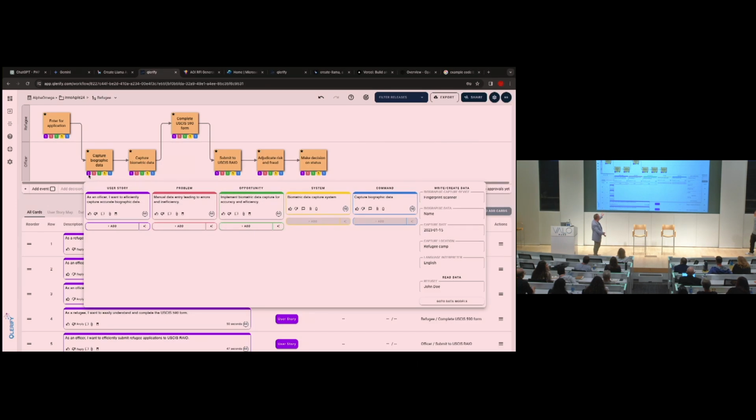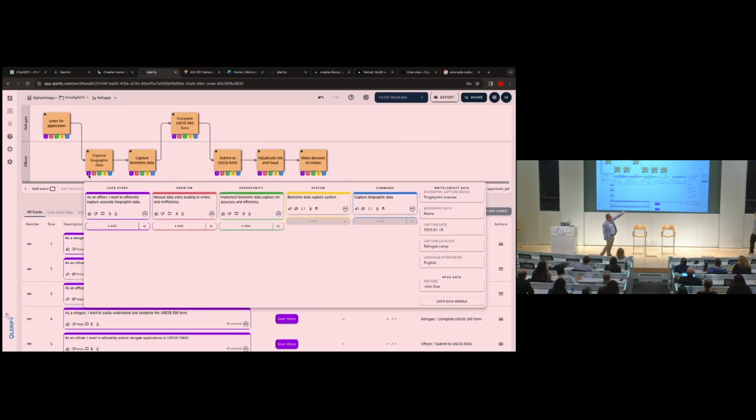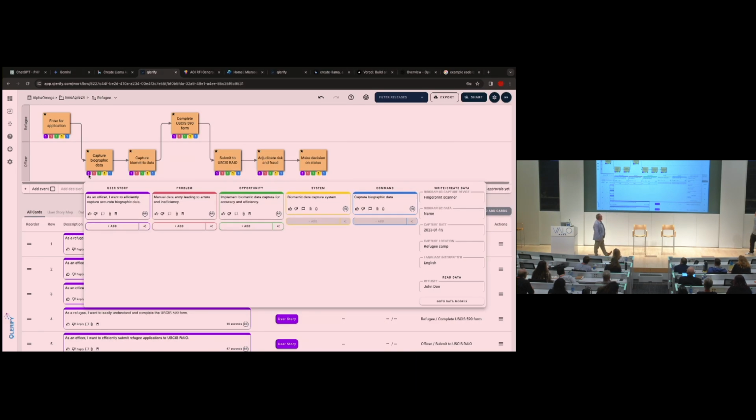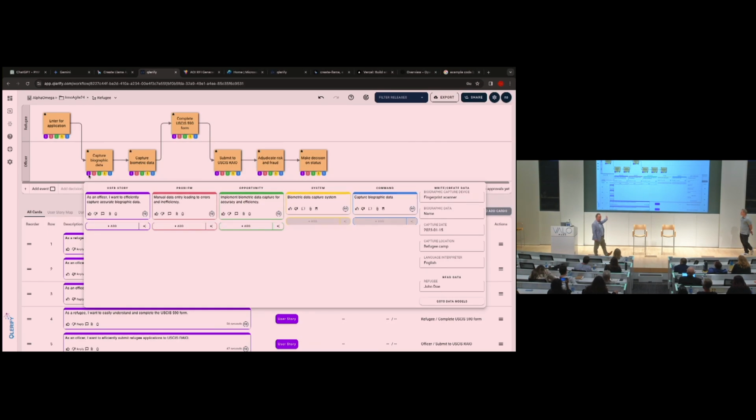Everybody's seeing the same thing, and where the technical folks can work to start to build out the system, the commands. And then once you finally figured out where things are, what the flow looks like, what the systems are, either they already exist or they're new, or it's something like a biographic system from CBP at the border, which would be external, all of this could be mapped up very cleanly.